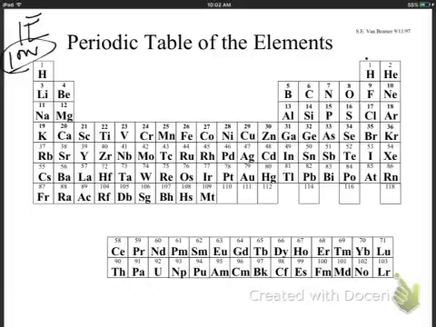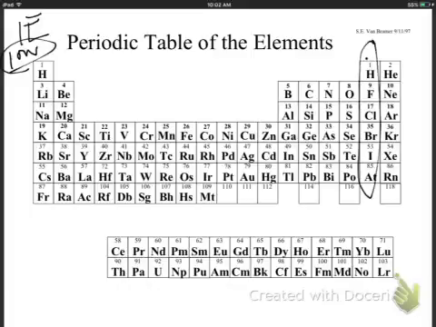Okay, and they typically do. They typically form a 2+ ion. So ionization energy is really, really low over in group 1, a little bit higher, but still pretty low in group 2. As we go across the periodic table, let's look at the halogens.